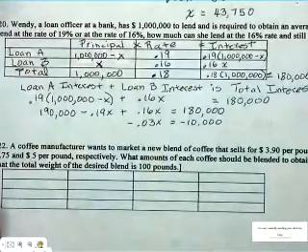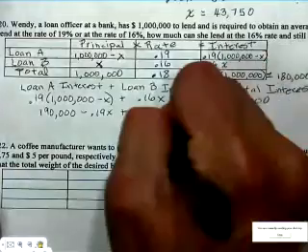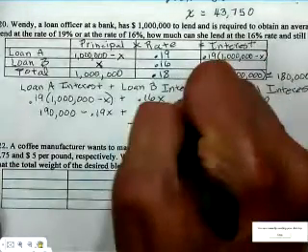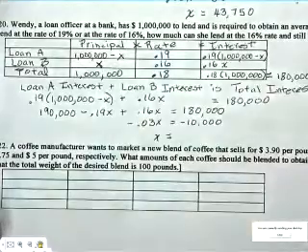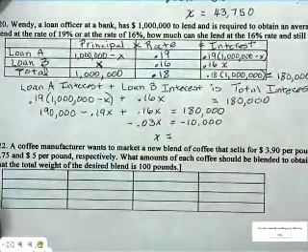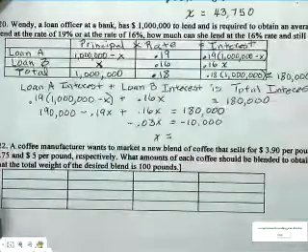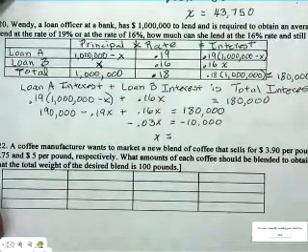And divide both sides by negative 0.03. It comes out to be 333,333 and on and on. All right, but it is 333,000. Okay.